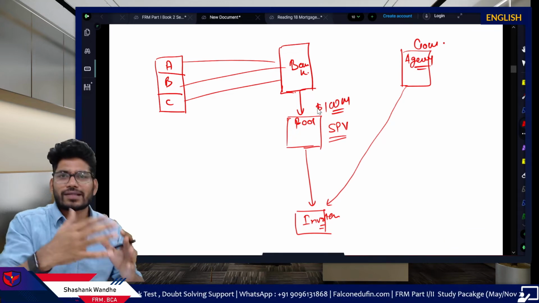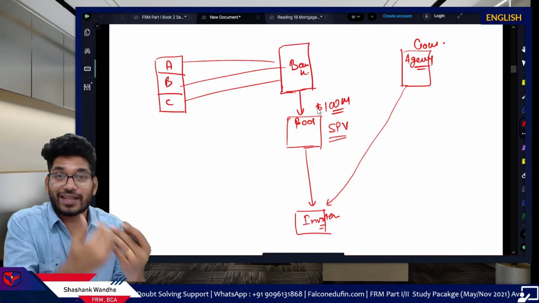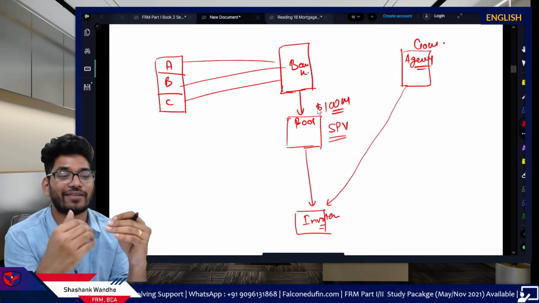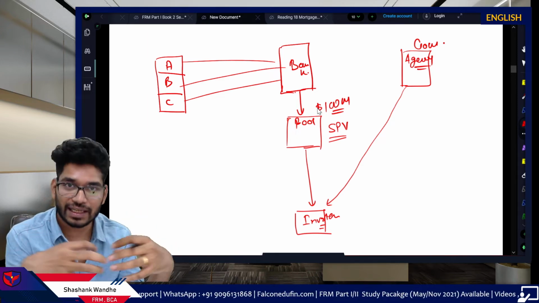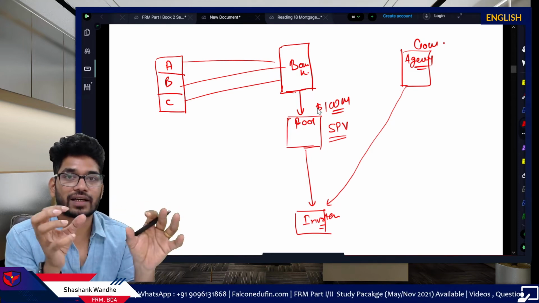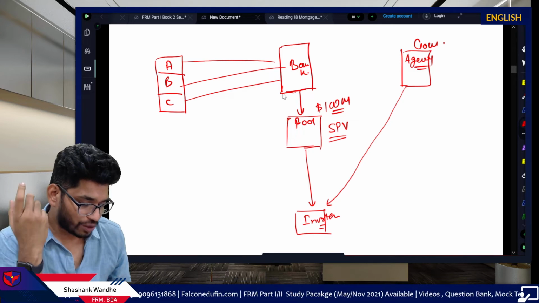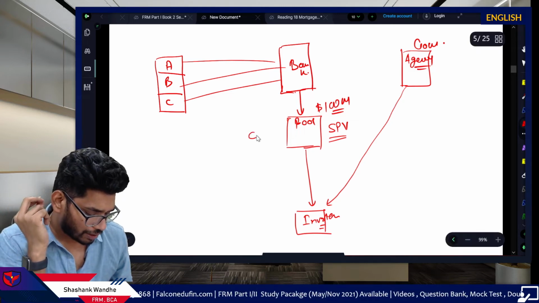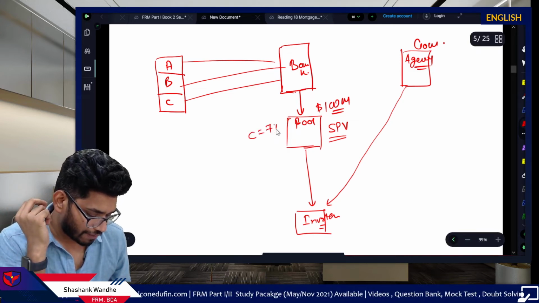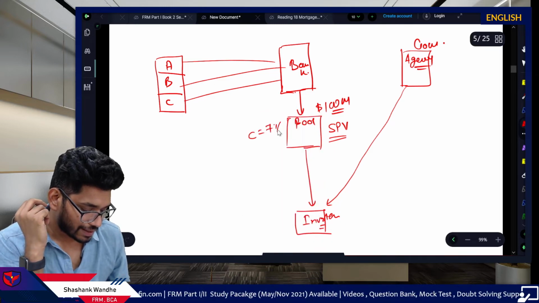And then obviously, to sell securities you need a pool, and from this pool the bank will create securities, and these securities will be sold to the investor. The bank made an arrangement, and the bank, or this SPV, can provide a coupon of 7%.